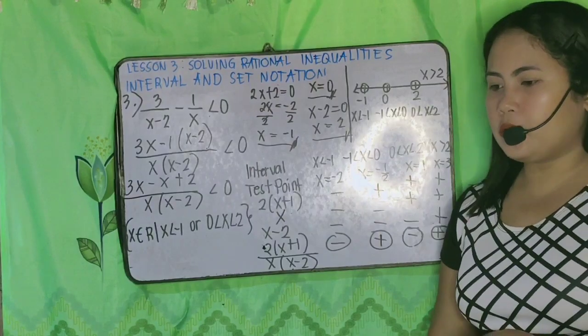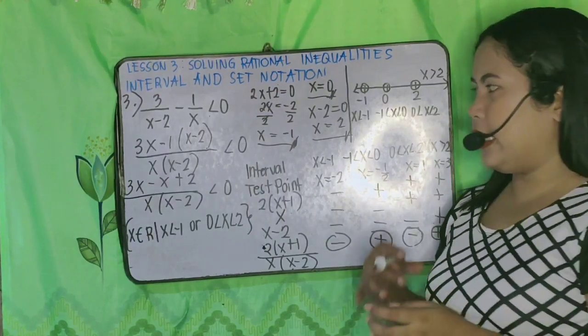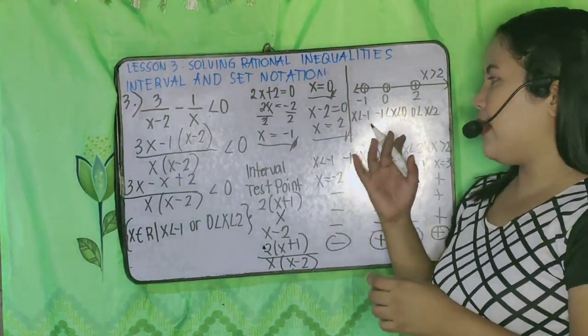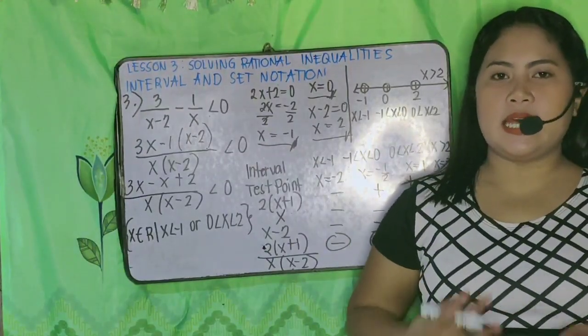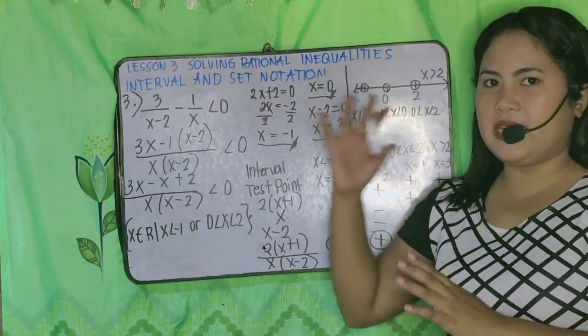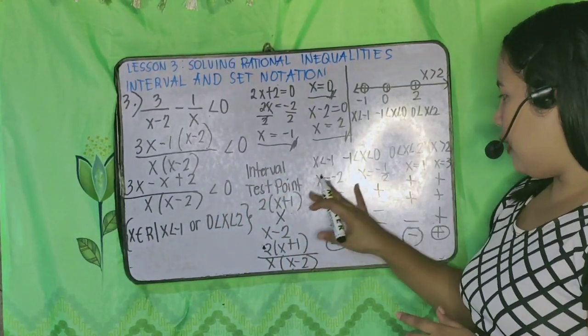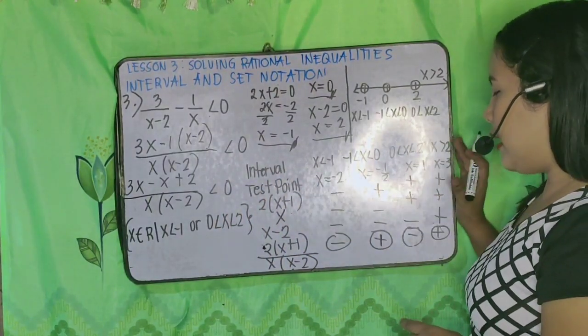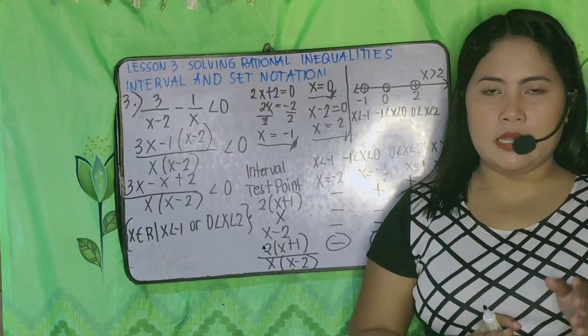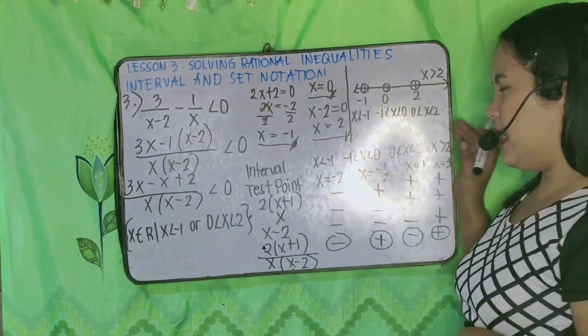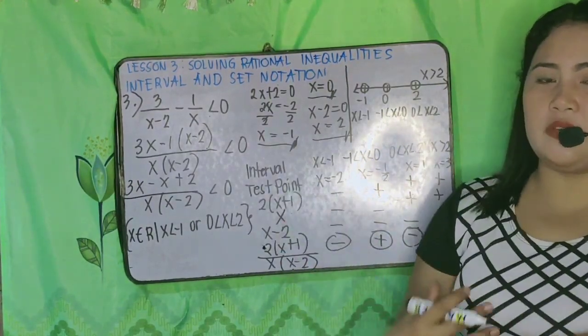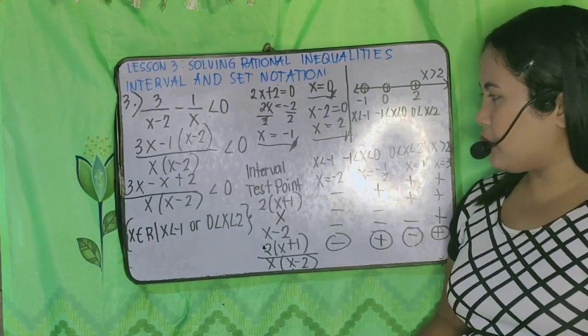Ngayon po, tuturuan ko kayo ng solving rational inequalities na hindi gagamit ng sign table. Mas madali ito, although okay lang din naman yung paggamit ng sign table, kasi may mga time na mahaba yung interval, so pwedeng nasa 10 or whatever, depende sa given problem.